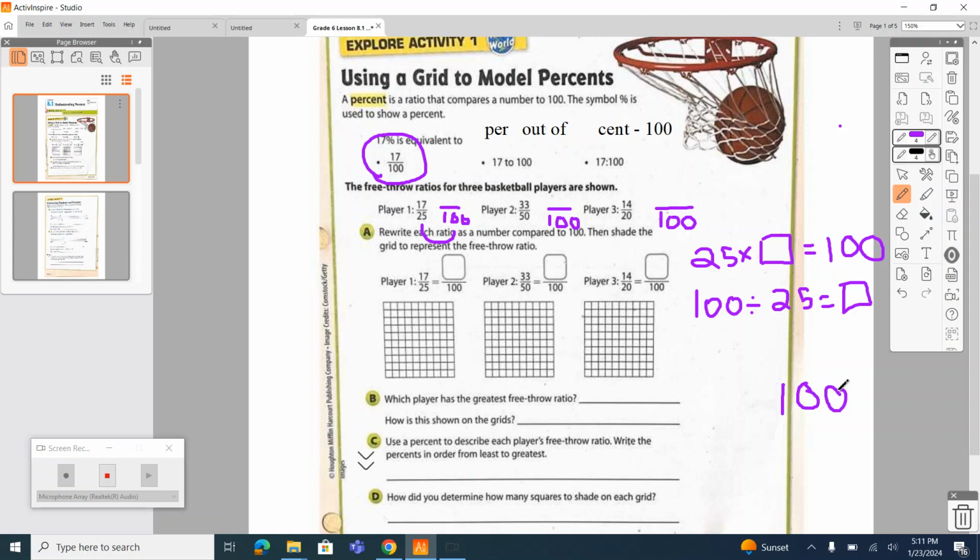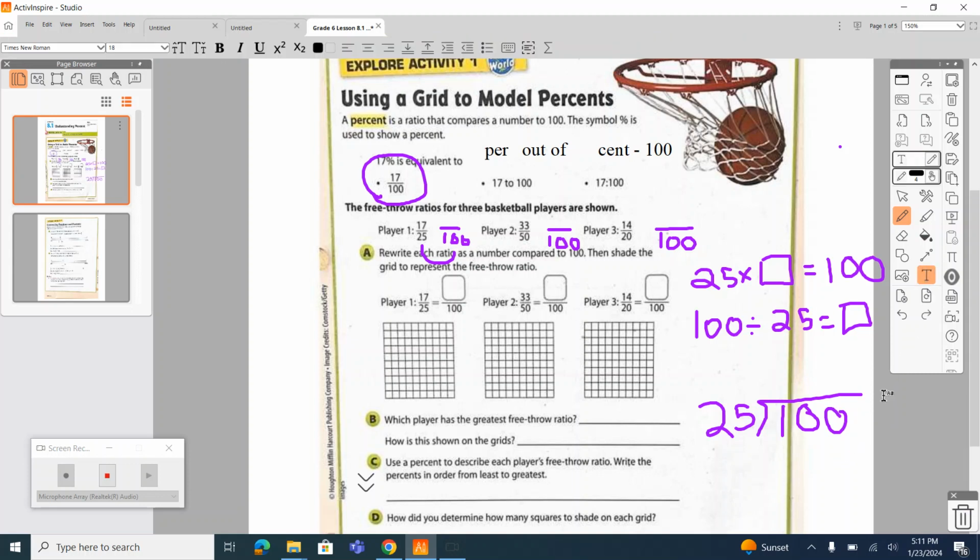And in this case, you cannot divide 25 into 1. You cannot divide it into 10. You can divide it into 100. That is the problem. And so you're going to have to use guess and check. So I'm just going to come over here. And some of you might know that 25 times 1 is 25.